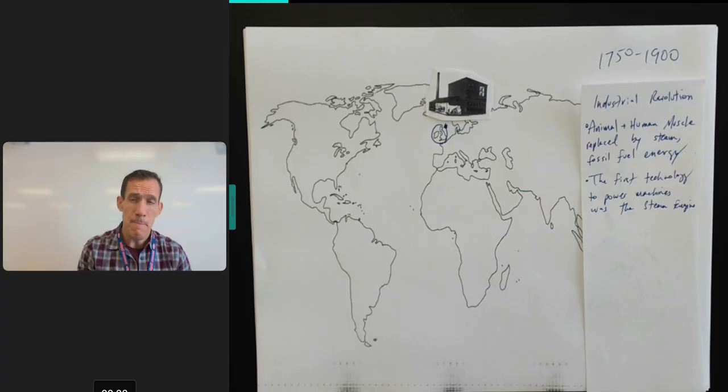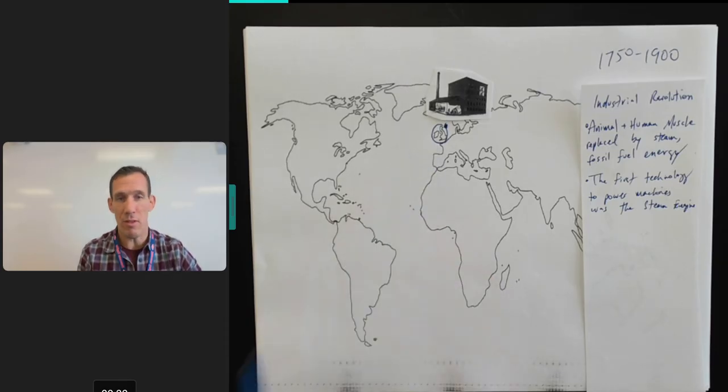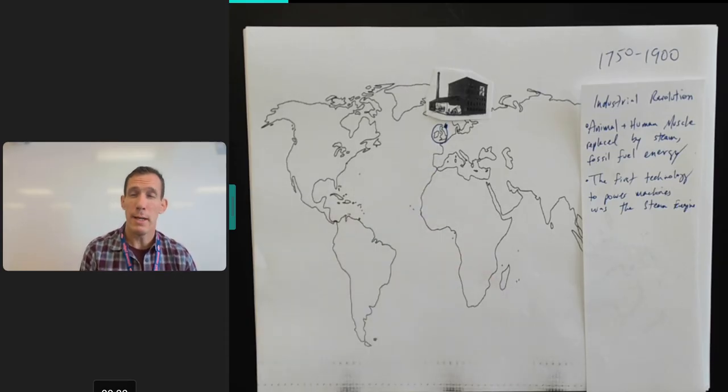It's kind of like, why? Why did it start there? Is it because the people inside this little circle were better? No. They came up with some ideas that were pretty awesome. However, they also had some geographical and environmental things that really helped them.